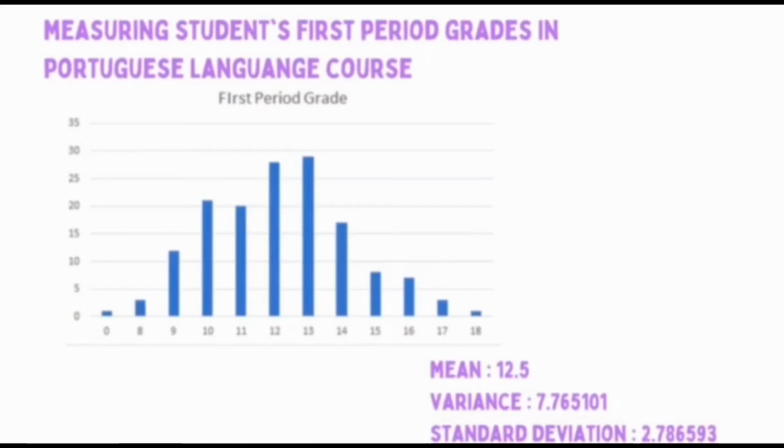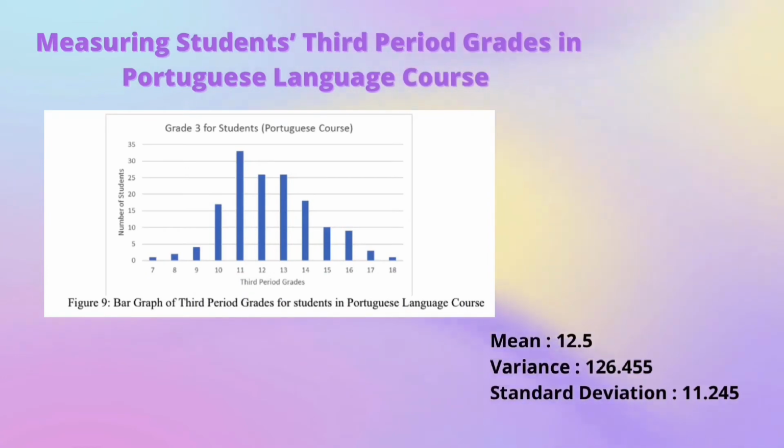From the bar chart, we can see the students' third period grades in the Portuguese language course, which stands at 11 with 33 students, and 12 and 13, second highest, which stand at 25 students, with the mean 12.5, variance 126.455, and standard deviation 11.245.